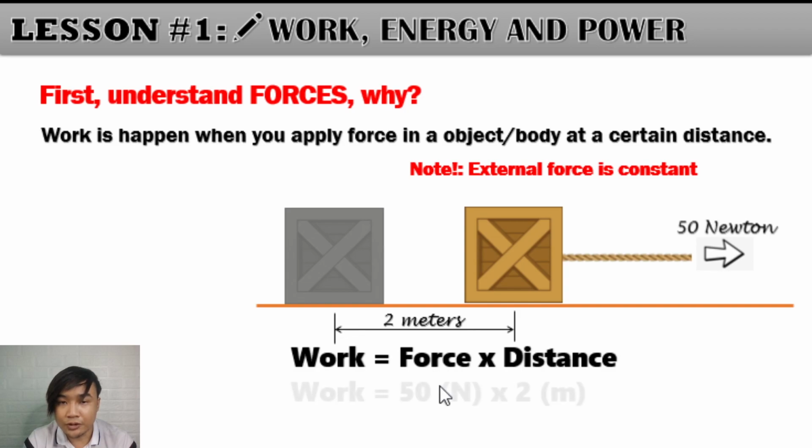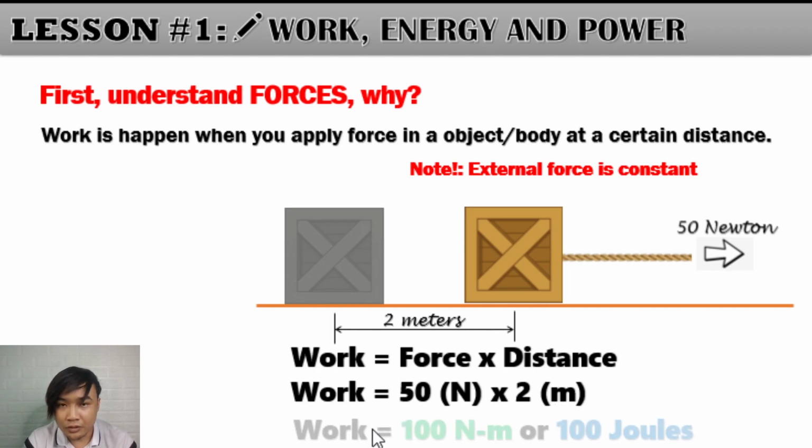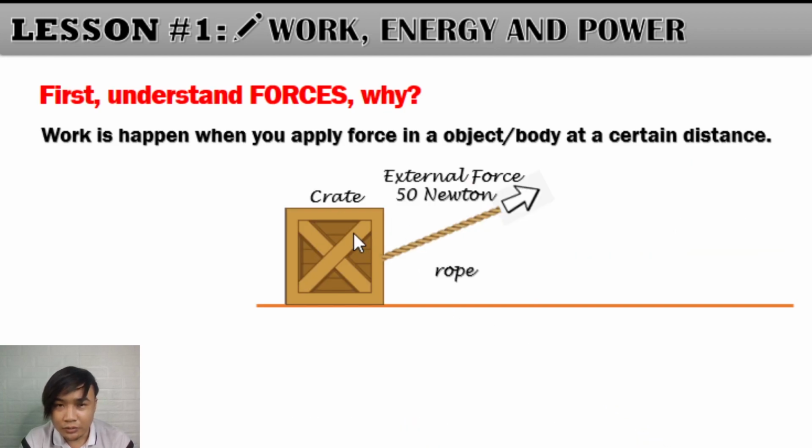So, yung applied force natin is 15 Newton and the displacement is 2 meters. So, the work done in this system is equal to 100 Newton meter, or equal to 100 joules. So, ito yung unit natin sa work, joules.